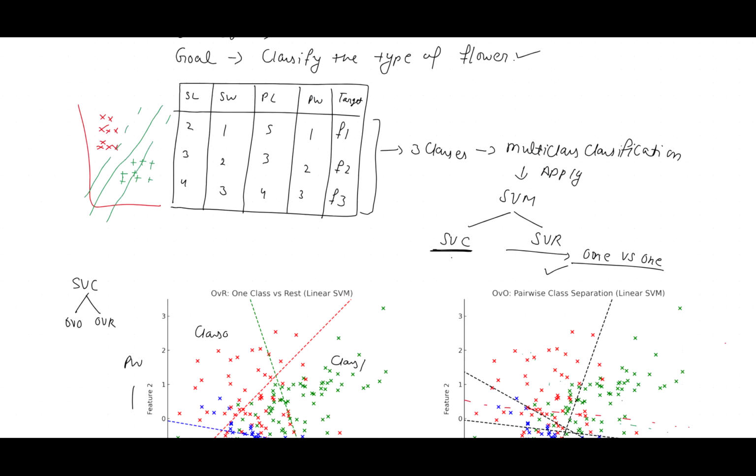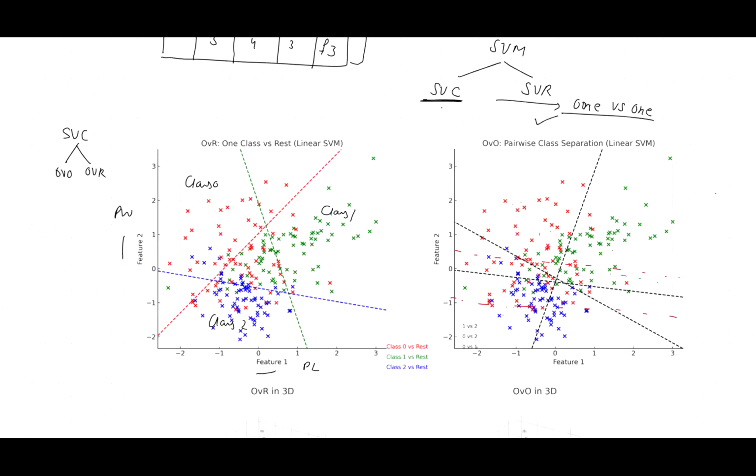But here this is not the case. There is one more class, right? So this is the functionality behind your SVC. If you are going to use it, it will use this OVO, pairwise class separation. And if you look at this left side, this is called OVR. This is one class versus rest. But this functionality is not the default.